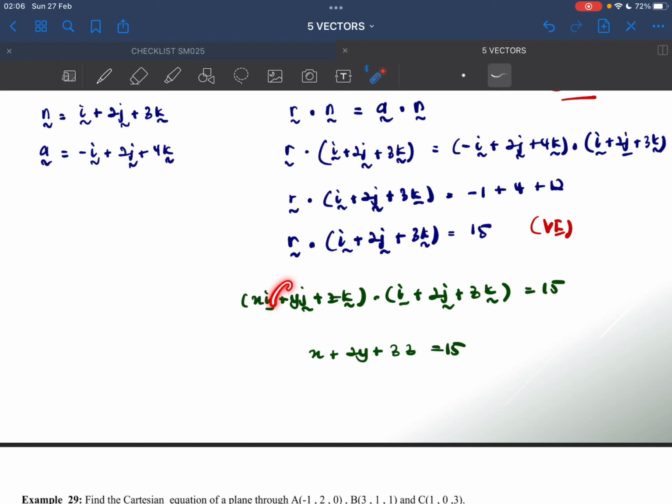Okay, remember i dot i equals to 1, so we are left with x, 2y and 3z. So this is your Cartesian equation of a plane.